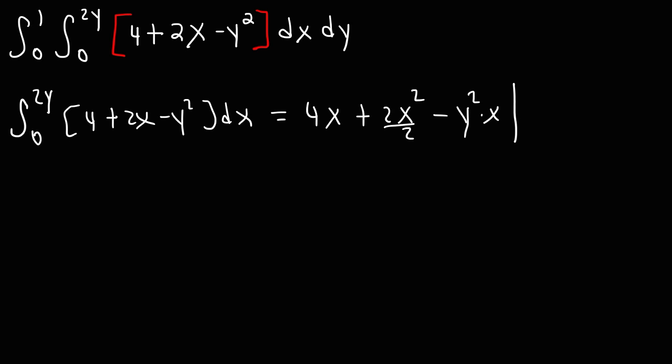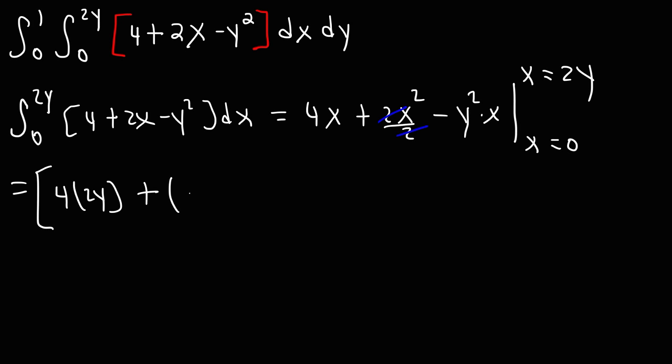And now we're going to evaluate it. Keep in mind these are x values from x equals 0 to x equals 2y. So everywhere we see an x variable, let's replace it first with 2y. So this is going to be 4 times 2y, and then we could cancel 2, so that's x squared, but this is going to become 2y squared, and then minus y squared.